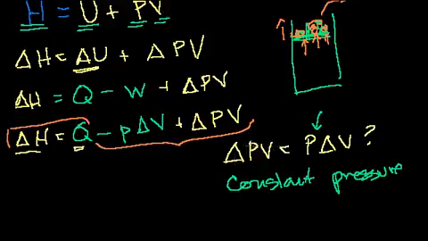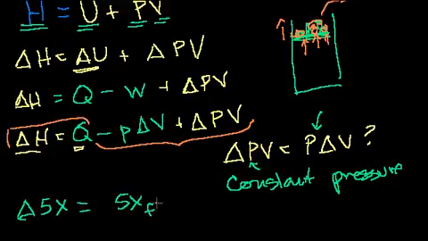Or if you view it another way, if this is a constant, you can just factor it out, right? If I said the change in 5x, you could say that's equal to 5 times x final minus 5 times x initial.